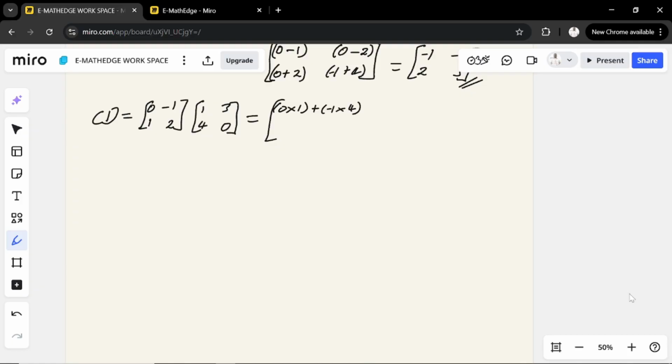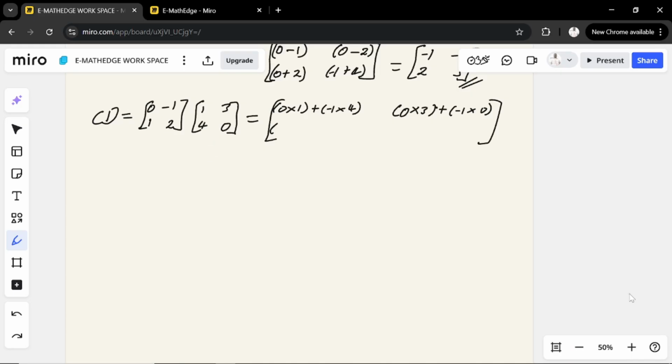And for the next one, we are going to have first row by second column. So it's going to be 0 multiplied by 3 plus -1 by 0. And for the next one, we are going to have second row by first column.